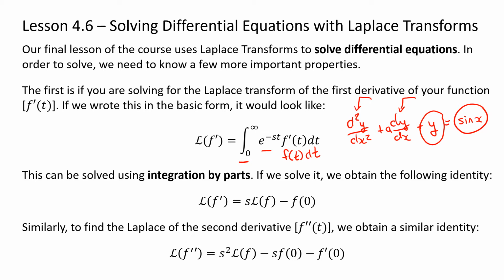So for the derivative, because we're finding the Laplace transform of the derivative, which you can write as f prime, or dy by dx, or y prime, however you want to write it, that's just simply equal to the same integral, except we replace f at t with f prime at t, its derivative.